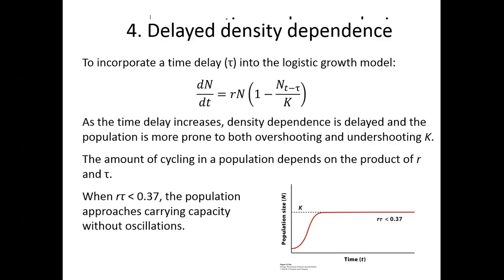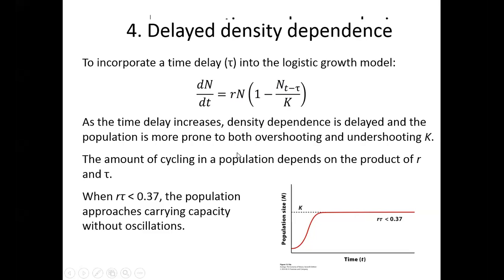If what was important 6 months ago is what determines how reproduction is currently, then the current individuals, which are right here, our current population size, its reproduction is not determined by this. It's determined by the number 6 months previously, the number at time t with a 6-month delay, so 0.5.